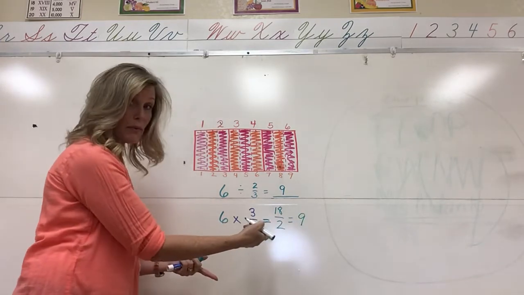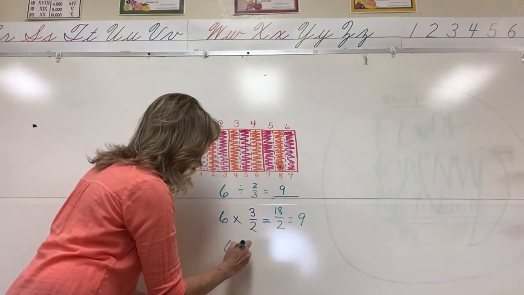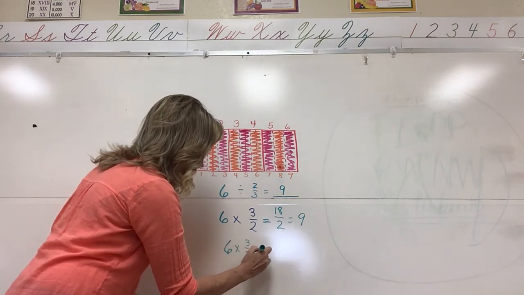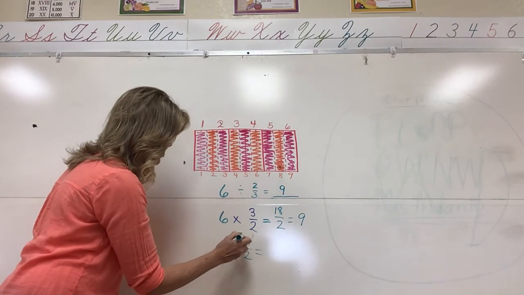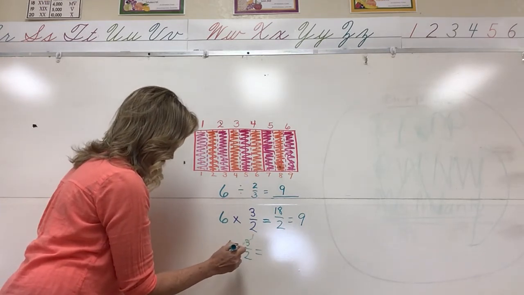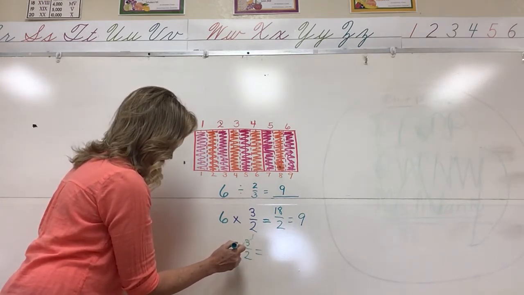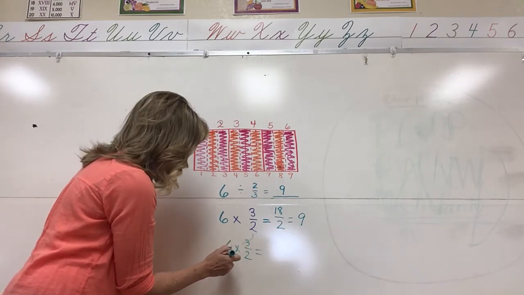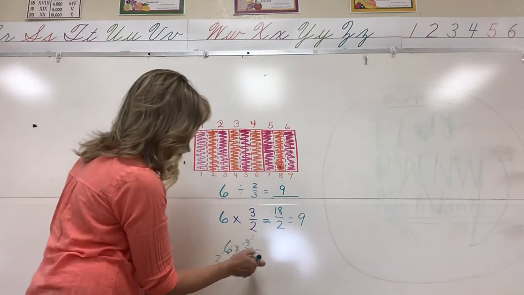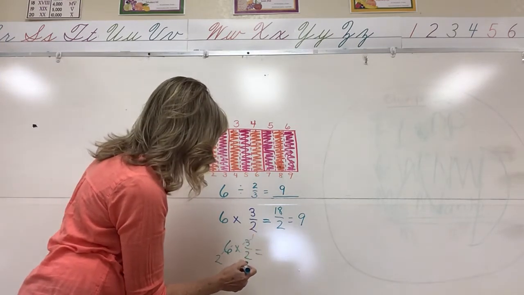If I had reduced before I multiplied, I would have reduced here. Let's see, that didn't work.